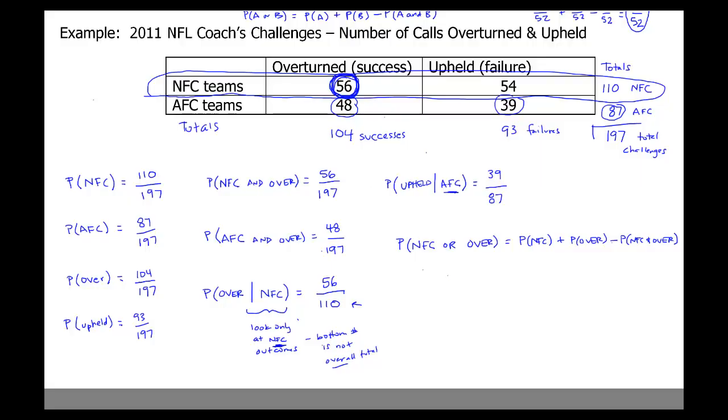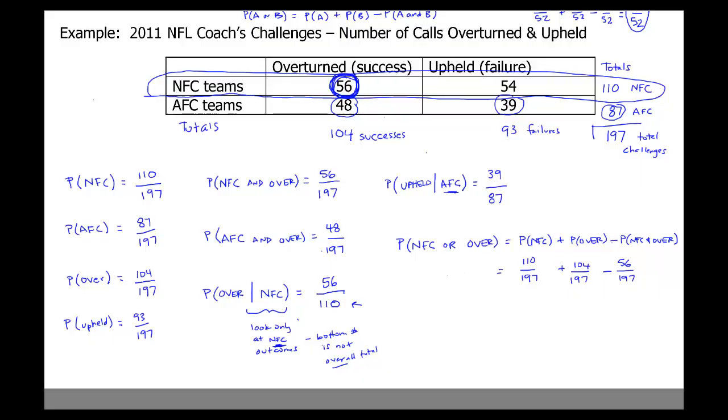So let's look at our calculation. The probability of NFC we calculated earlier. That was 110 out of 197. The probability of overturn, we also took a look at that, 104 out of 197. And the probability of NFC and overturned, we also calculated earlier. It's 56 out of 197.